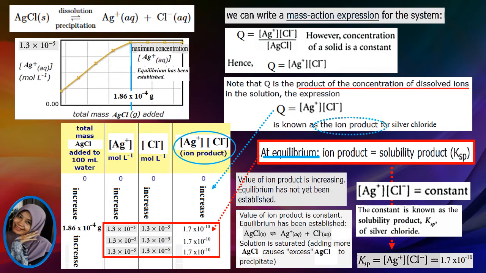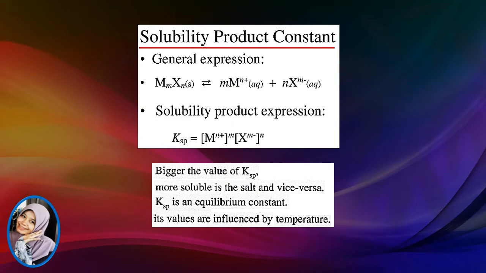Note that Ksp is an equilibrium constant, so it is temperature dependent. This is the general equation when dissolving a slightly soluble salt and its general solubility product Ksp expression.